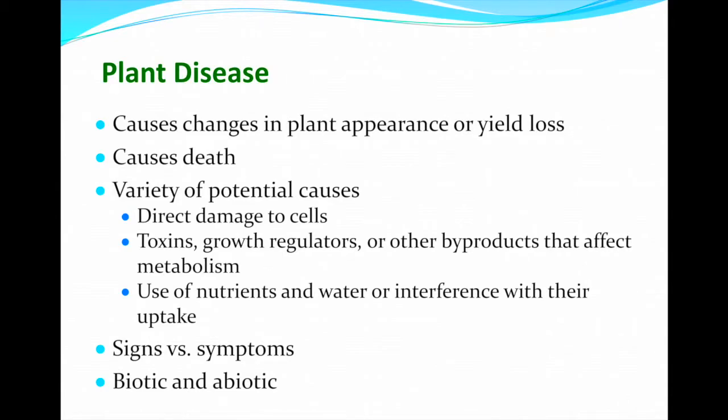That's a symptom of a problem. It's something I can see that's tangible, showing me there's an impact on this plant from something. Whether it's biotic or abiotic, I don't know right now. But it is a symptom of an issue with that plant.